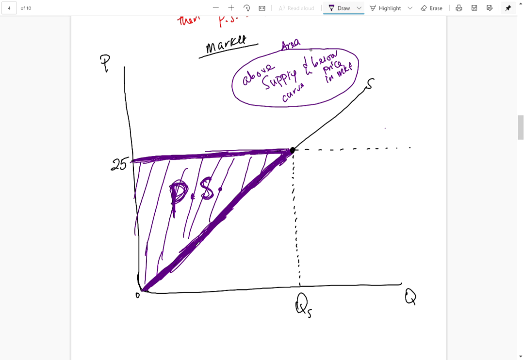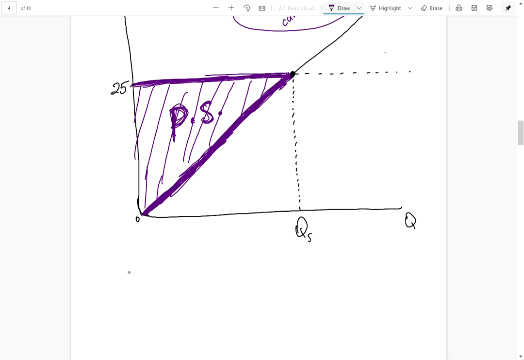right? Now this is a triangle as well. So we know the area of the triangle is equal to half base times height. So we have half times, this is our base. Okay, this is our height. The market quantity is 50. So half of our base just goes from 0 to 50, it's equal at the top and the bottom.